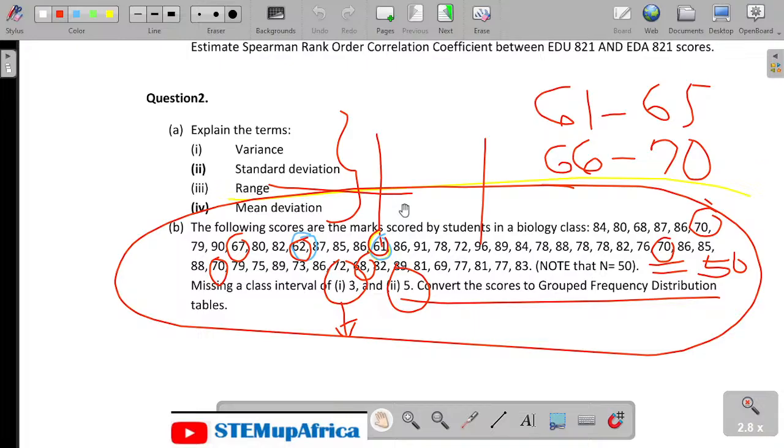You have to be very careful. This is the process of generating your class interval. If an interval of 3, 5, 6, any interval at all is given, this is how to form the table.